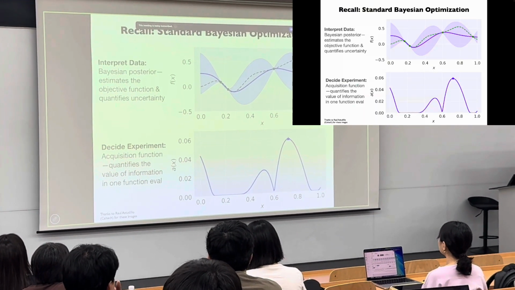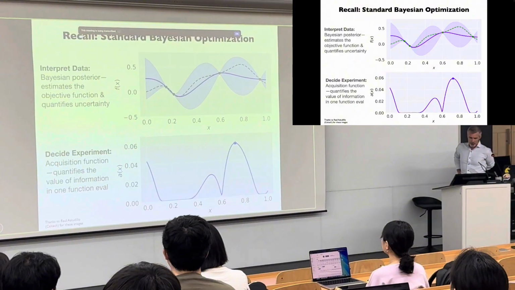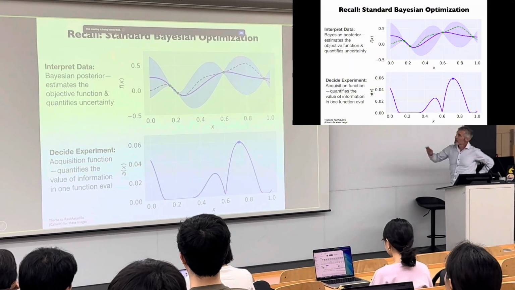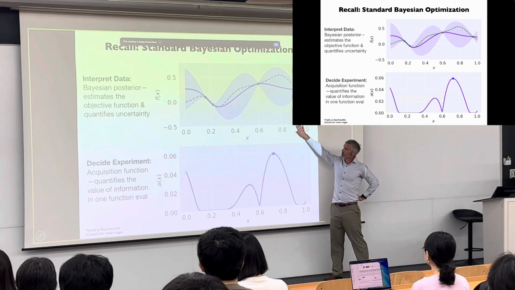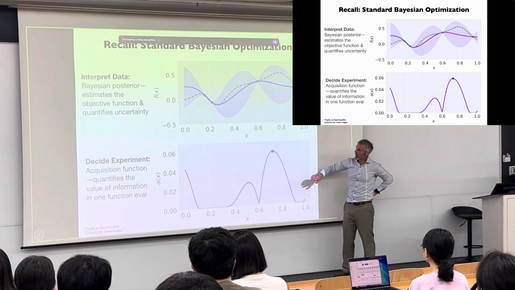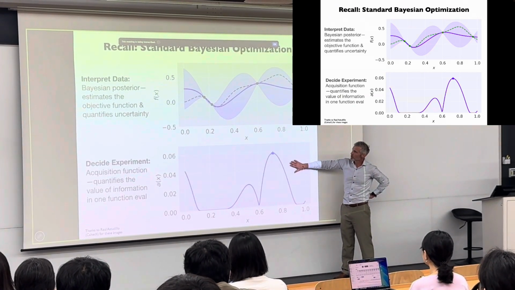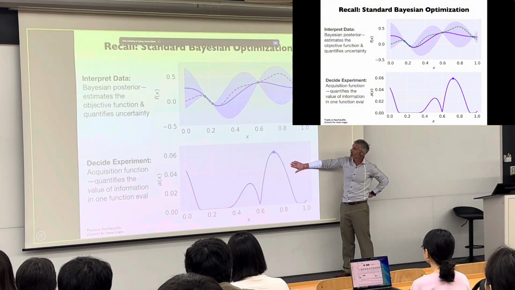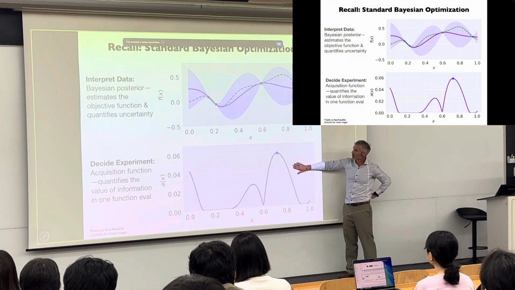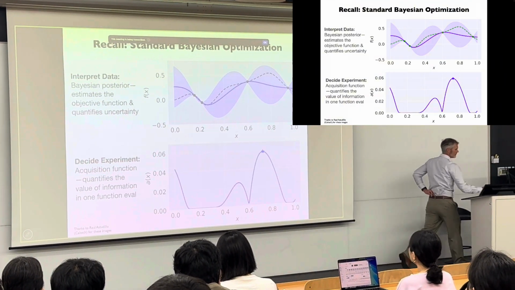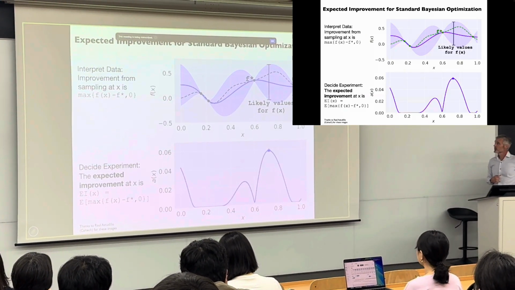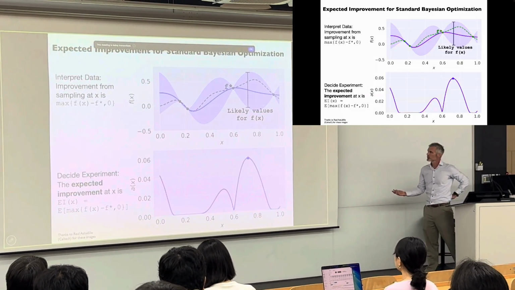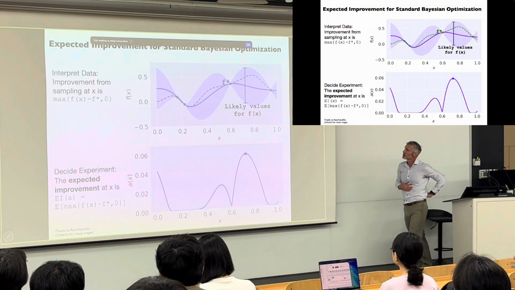So how do we apply ideas from Bayesian optimization to this problem? Remember, in standard Bayesian optimization, we have this model for the objective function, and we have this acquisition function which quantifies how useful an experiment is towards the goal of optimization. How does this acquisition function work? One of the acquisition functions I'm showing you is called the expected improvement.